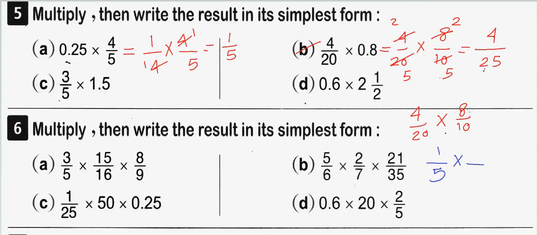We can divide by 2 up and down. 8 divided by 2 is 4. 10 divided by 2 equals 5. Here the first fraction is in the simplest form and the second is in the simplest form. 1 times 4 equals 4. 5 times 5 equals 25. The same result.